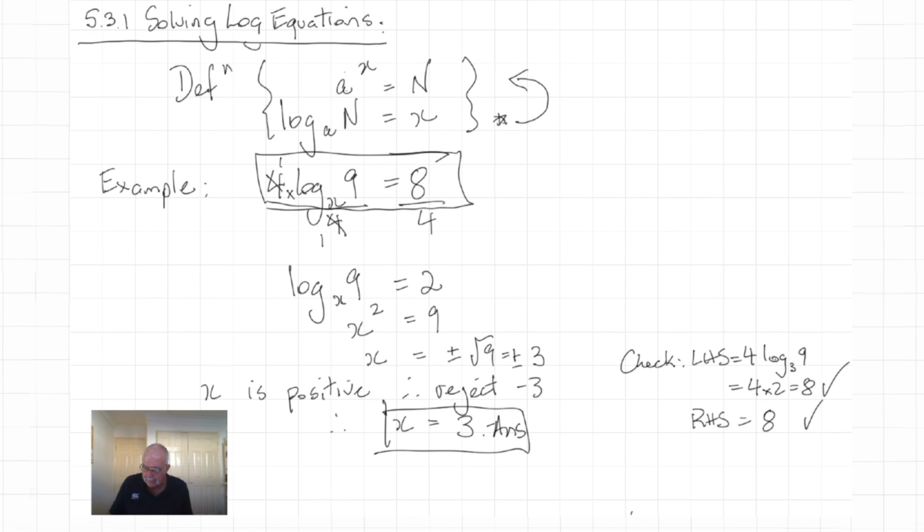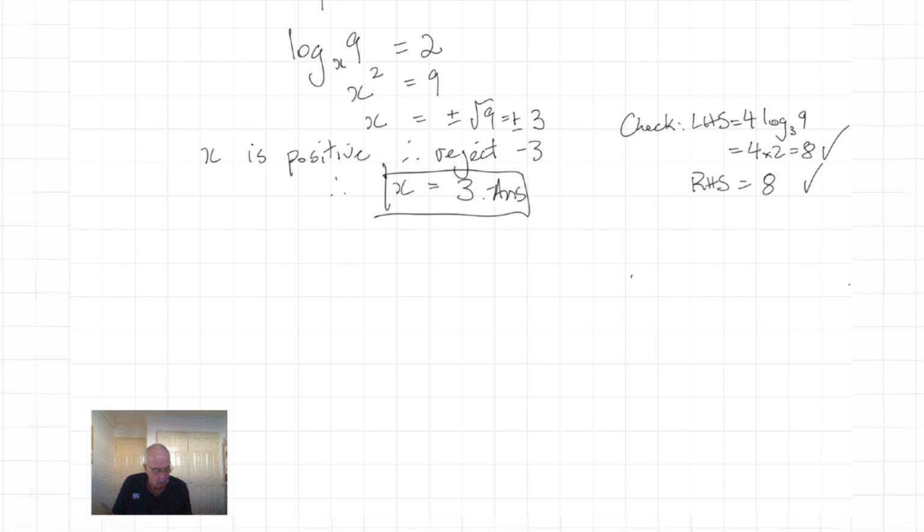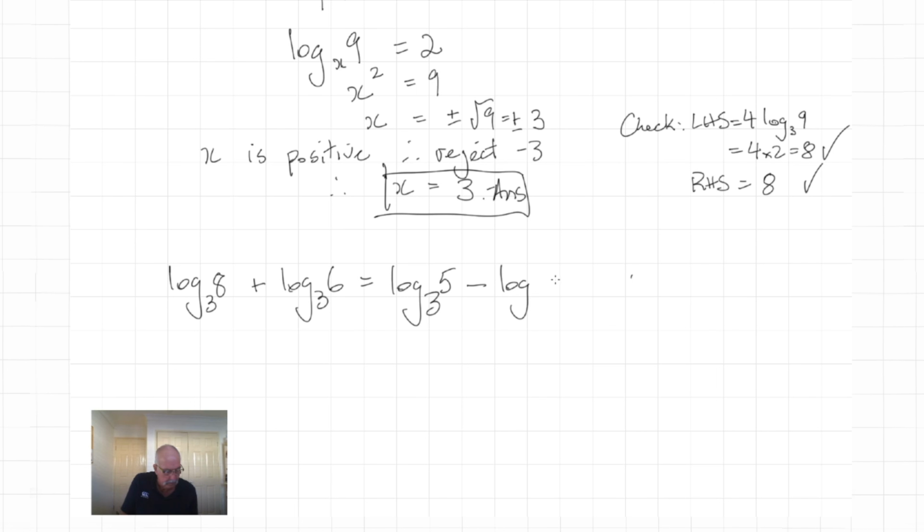Okay, let's do another one. We've got log of 8 to base 3 plus log 6 to base 3 equals log 5 to base 3 minus log y to base 3. We go back to our laws of logarithms, and we're asked to find y.